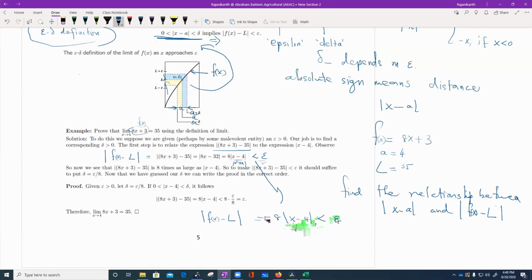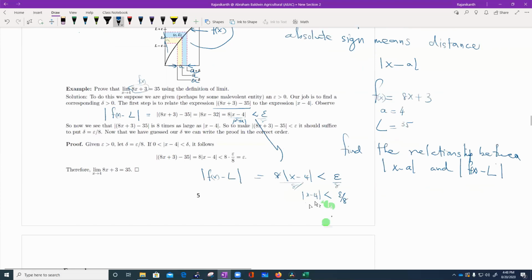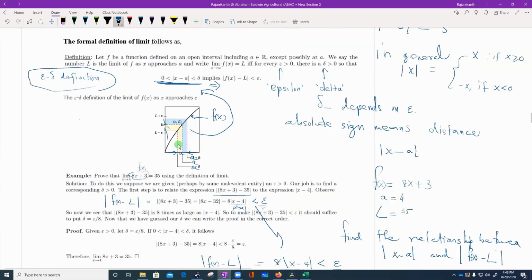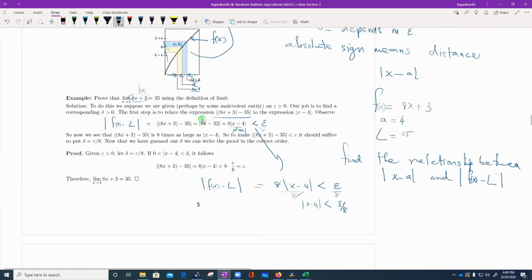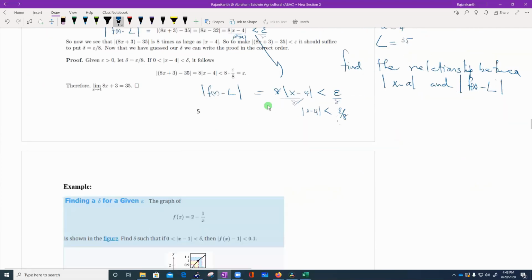Simply divide by 8 on both sides. That gives a connection between x minus 4 and epsilon. Remember, the definition says that |x minus 4| should be less than delta. So if you pick this as your delta, you are done.